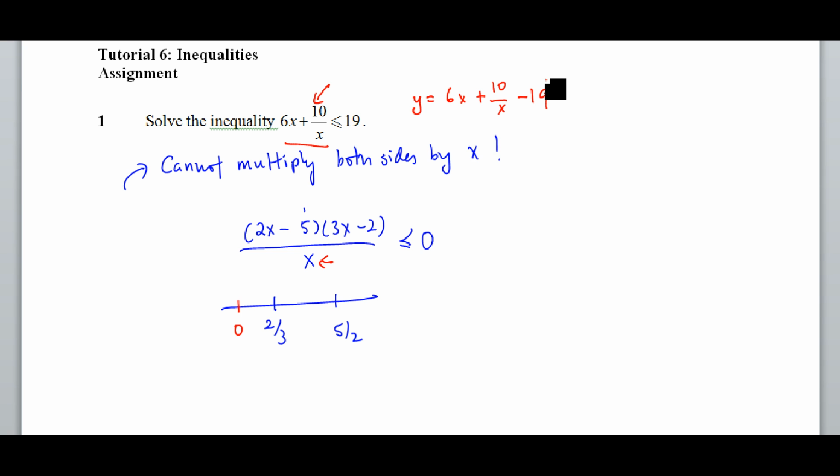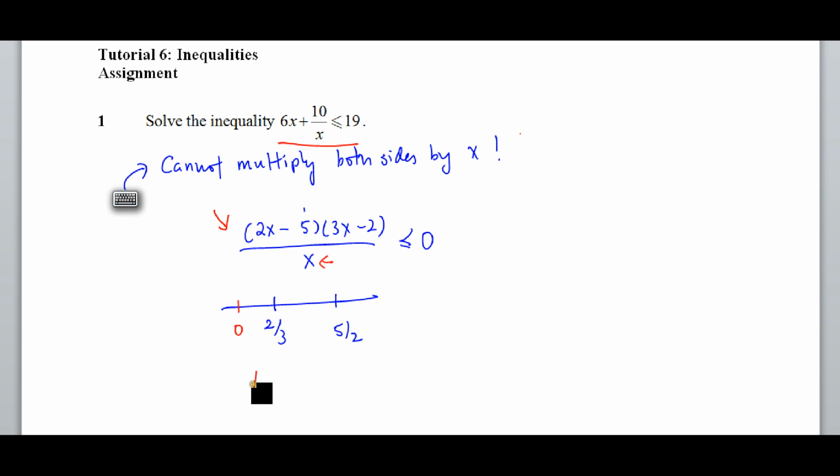My recommendation is this: for a simple algebraic inequality like this, where you can get into this form, just use the algebraic method. It's not that difficult. You can simply factorize it, and then you will get the answer.